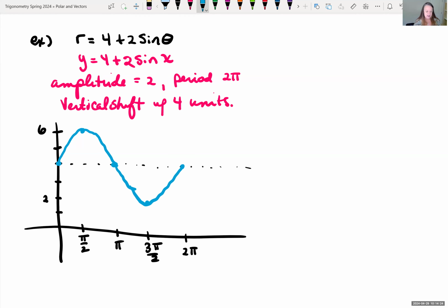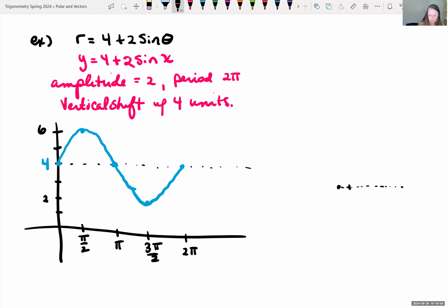Okay, so now let's graph this on the polar equation. Okay, so our first point we know is at 0 degrees, and we know that R is 4. So 0 degrees, I'm going to be on my pole, and I know my R value is 4.